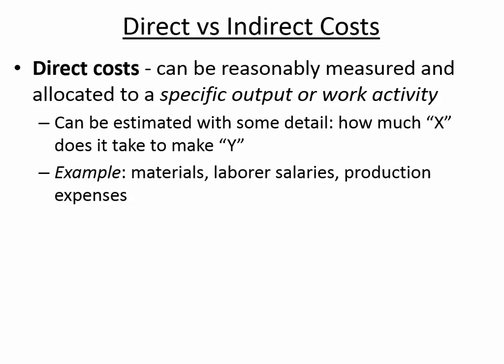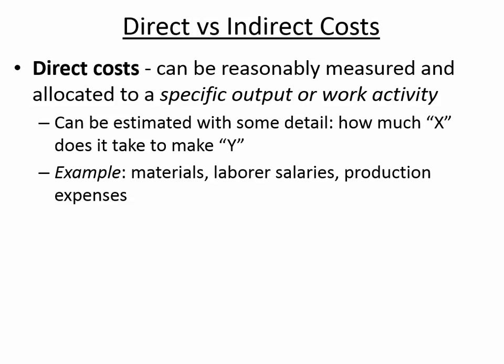So laborer salaries can be considered a direct cost, because we could say how many hours of labor went into the manufacture of each one of these cases. It's probably just a small fraction of an hour, but still we could allocate the amount of labor it took to make that thing.